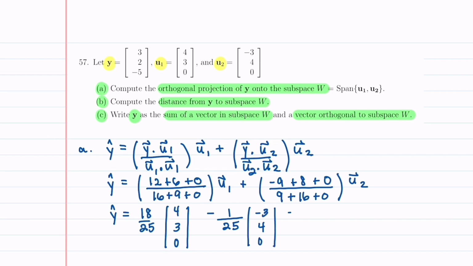So it's nice that everything's divided by 25. 4 times 18 is going to be what? 36 doubled, so that's going to be a 72 over 25. And then we pick up a 3 over 25. And then 18 times 3, that is going to be 54 over 25. And we subtract 4 over 25. And then our bottom number is 0.